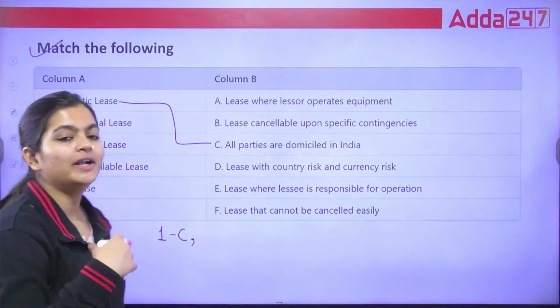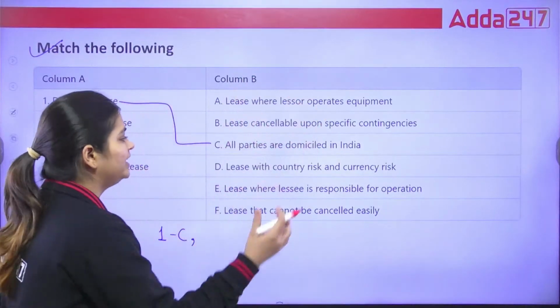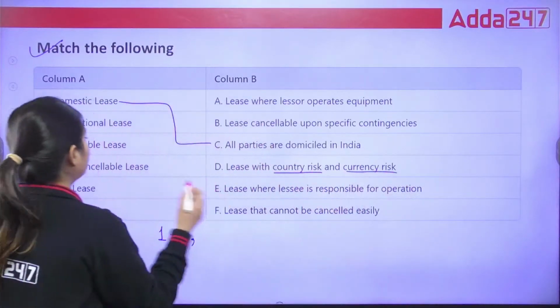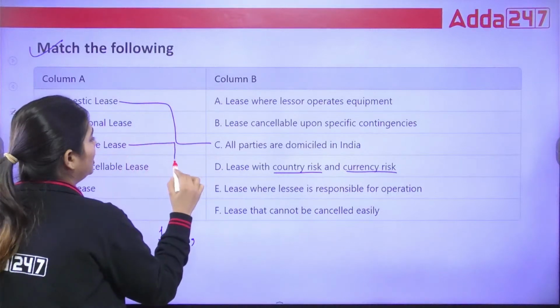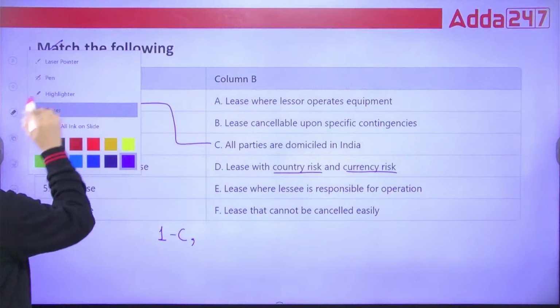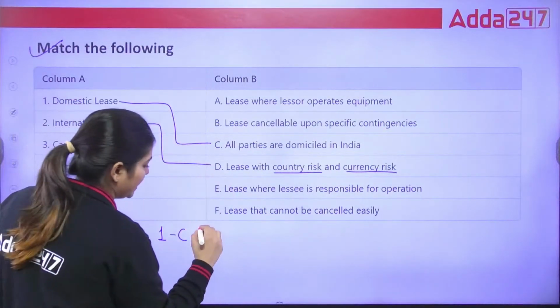International means you are doing transactions with foreign countries. So under that lease, we are going to see country risk and currency risk. So that is again true. So for the second, we have option D. International lease equals D.